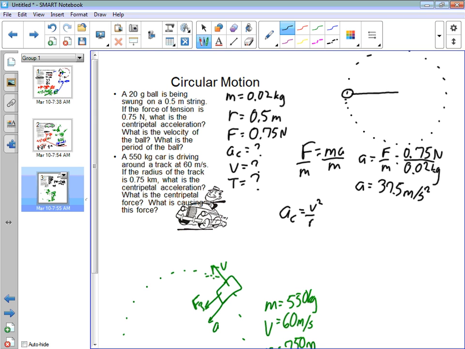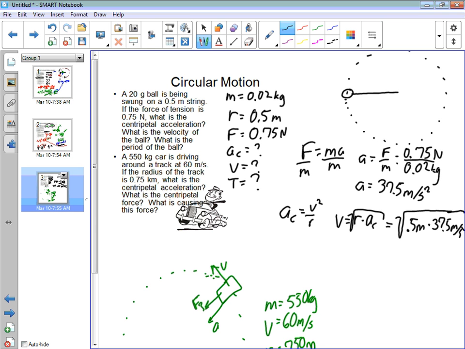Okay, so solving for v, I'm going to get v squared is equal to r times a centripetal. So if I take the square root of that, there I am. So I plug in the values. We said r is 0.5 meters, and the centripetal acceleration was 37.5 meters per second squared.